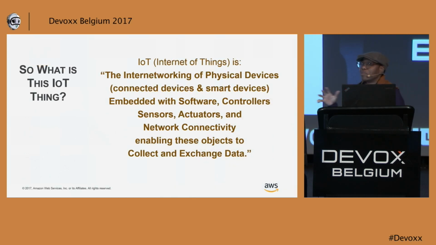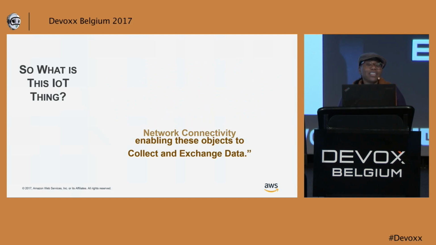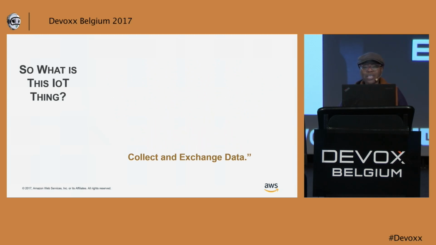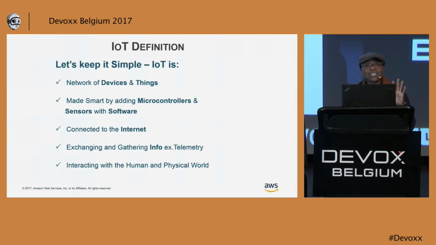So you guys probably already know what this IoT thing is, right? It is this complex definition: the interworking of physical devices, connected, all that's great. That's a lot to say, and I believe in the whole KISS method, keep it simple, stupid. So instead of that mouthful, let's just keep it simple.